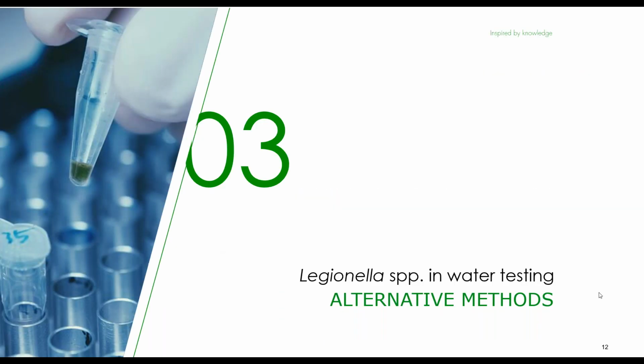So, in response, currently there are available alternative methods that are quicker to give us a presumptive result. There are several techniques, but today we will talk about one in specific, which is real-time PCR or qPCR.